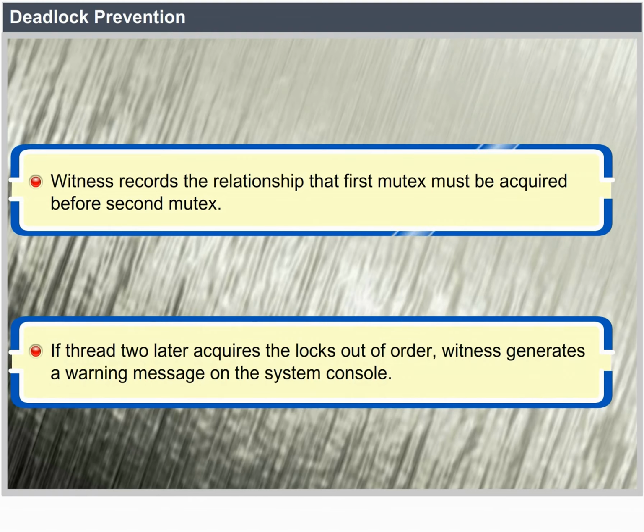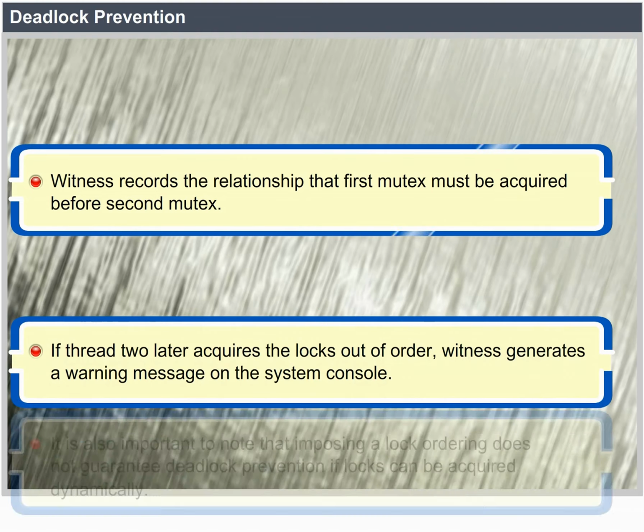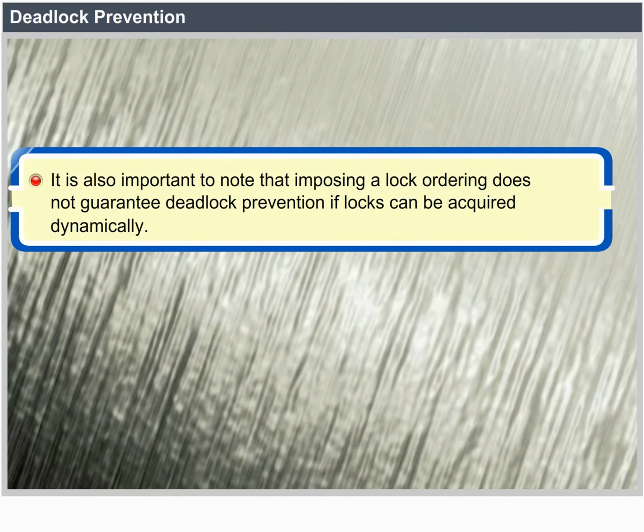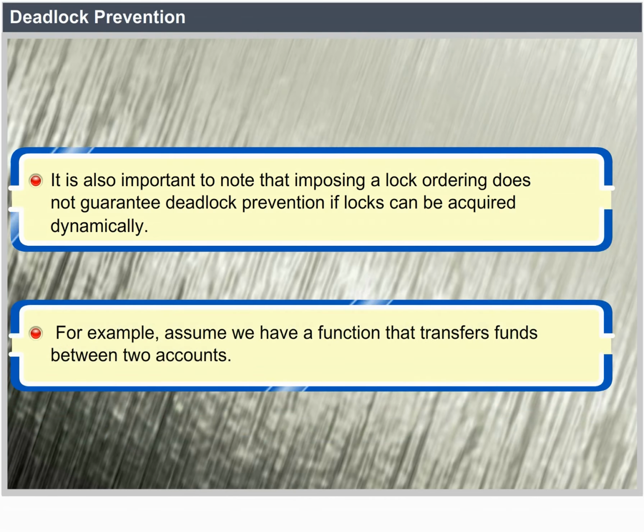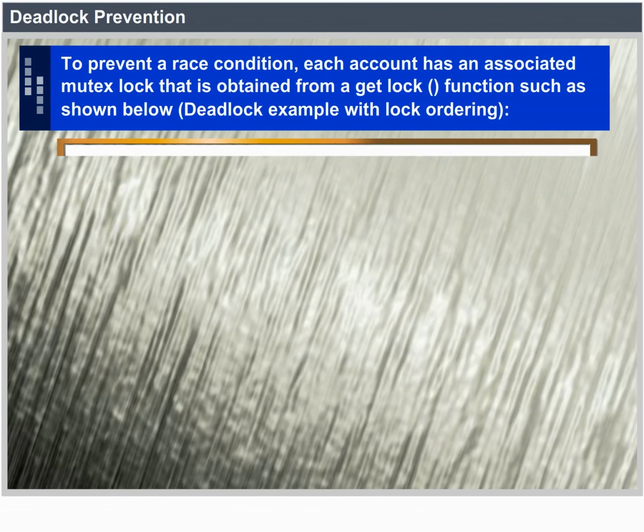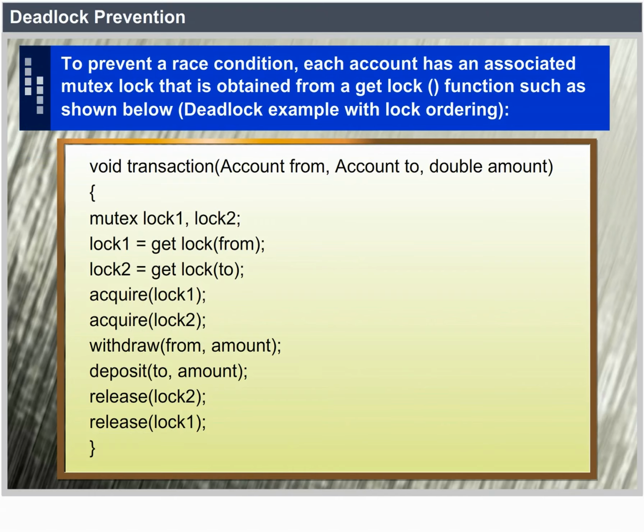It is also important to note that imposing a lock ordering does not guarantee deadlock prevention if locks can be acquired dynamically. For example, assume we have a function that transfers funds between two accounts. To prevent a race condition, each account has an associated mutex lock that is obtained from a get_lock function, as shown below.